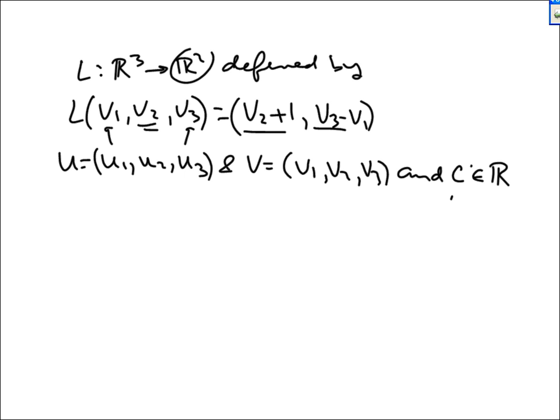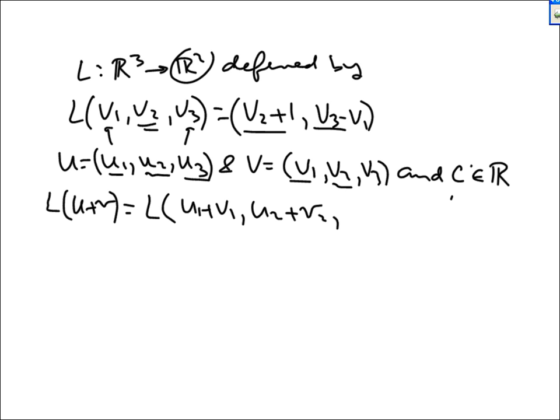That is, it's a scalar. Okay. All right, so u plus v is u1 plus v1, comma, u2 plus v2, comma, u3 plus v3.